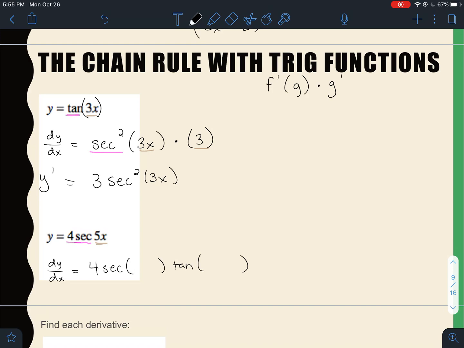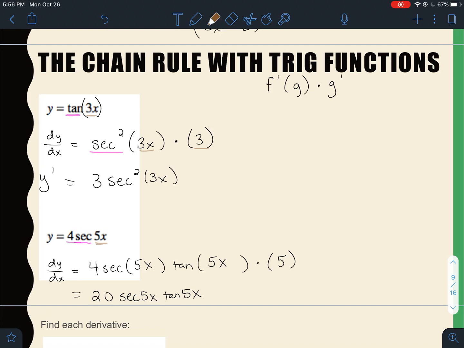The derivative of secant x is secant x tangent x, but the derivative of secant 5x is going to be secant 5x tangent 5x. So both of those insides are going to be 5x and 5x. And then we multiply by the derivative of the inside function. Well, the derivative of 5x is 5.